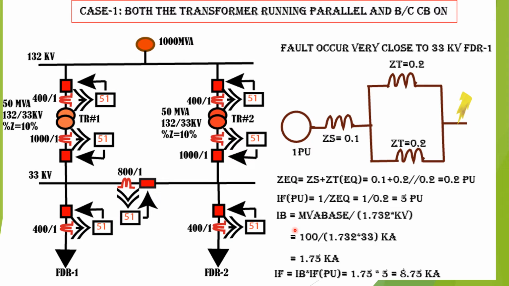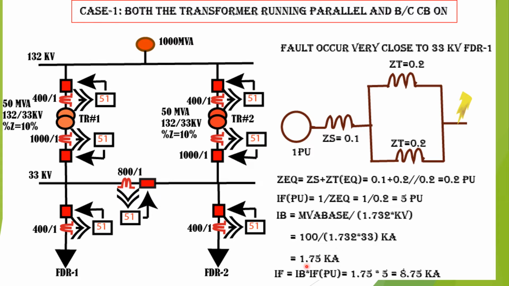Now we have to calculate the value of the base current at the 33 kV system. Since base MVA is considered as 100 MVA and base kV at 33 kV is 33 kV, we can calculate the phase base current at the 33 kV system, which is equal to 100 divided by root 3, that is 1.732, into 33.